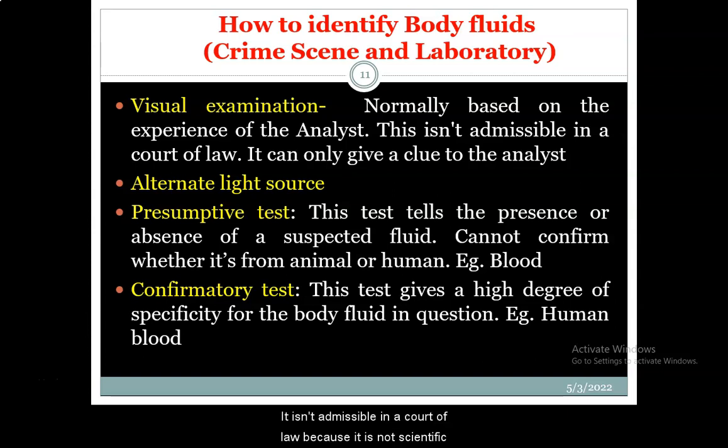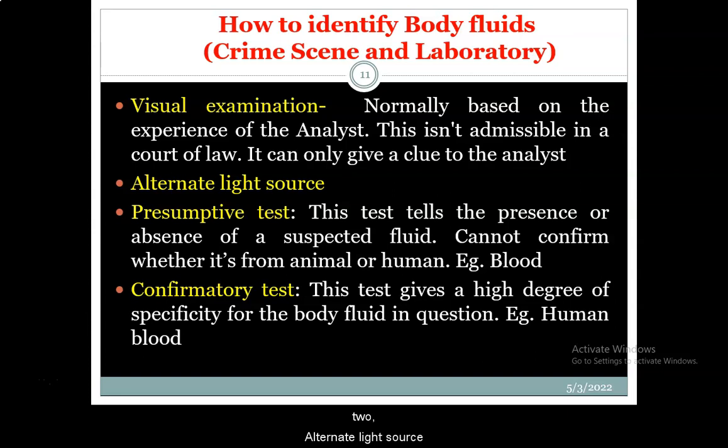It isn't admissible in a court of law because it is not scientific. The human eye can deceive, but it is still a way of identifying body fluids, because you first even have to see it with your naked eye before any other form of test will come in.